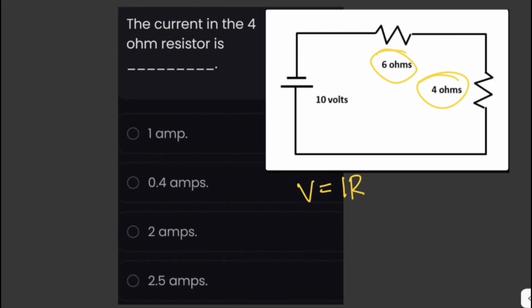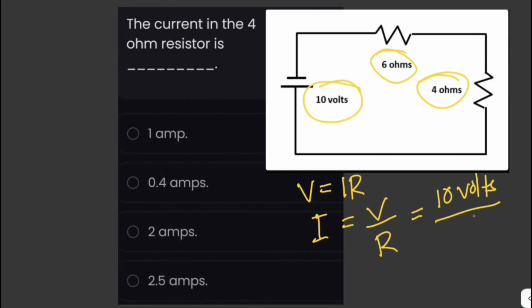Therefore, the total current across either of the resistors is just current equals voltage over resistance. We have 10 volts here divided by 10 ohms, and this is equal to 1 ampere. So the answer is 1 amp.